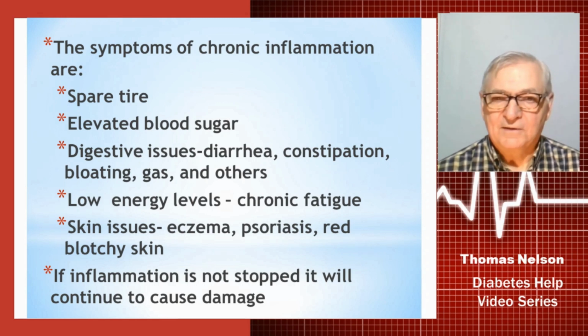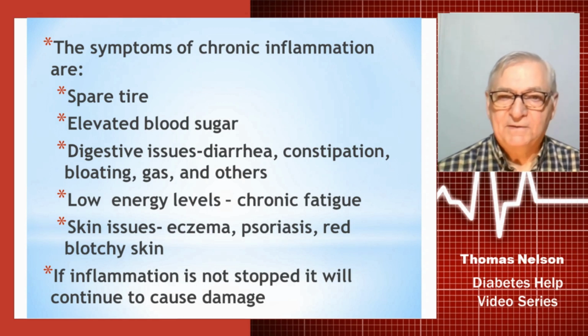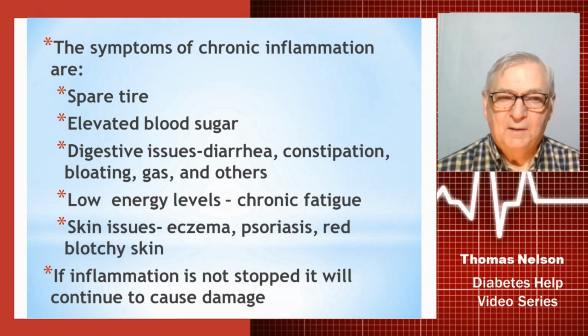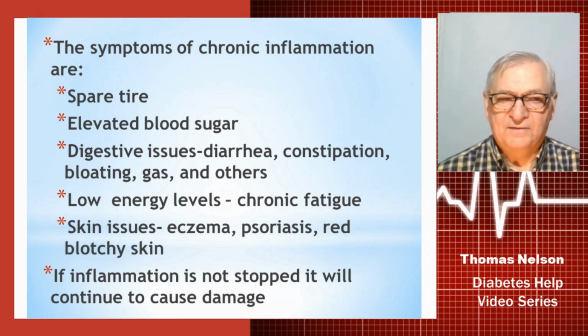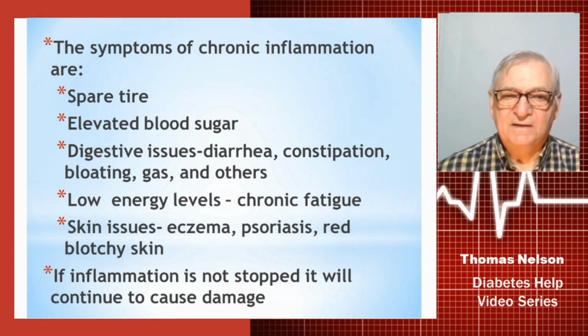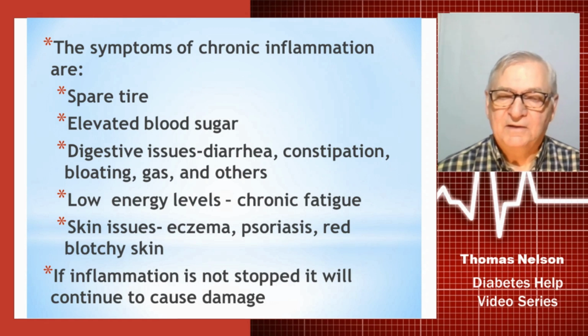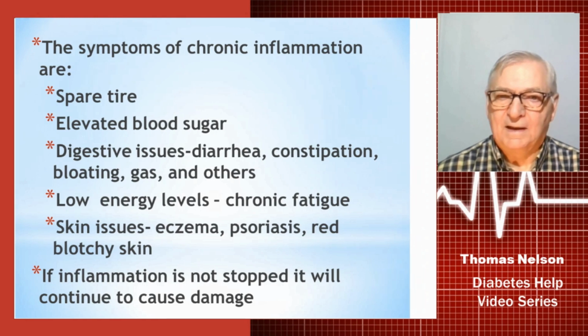If your waist is larger than your hips, you've got inflammation. Elevated blood sugars are typical. Digestive issues, diarrhea, constipation, some people get both, bloating, gas, and others. Low energy levels, chronic fatigue, skin issues, eczema, psoriasis, red blotchy skin are symptoms. If the inflammation is not stopped, it can just go on destroying things and causing damage.